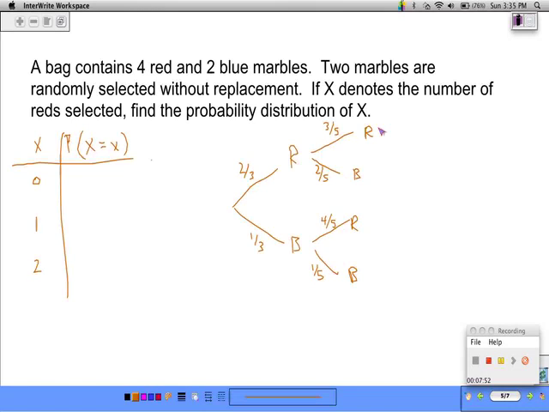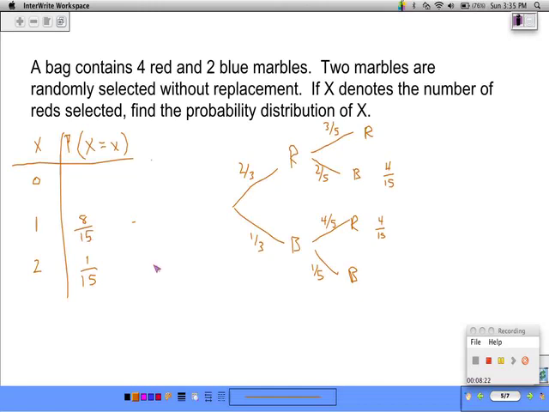So the associated probabilities: getting 0 reds, that would be a blue and a blue, is 1 out of 15. Getting 1 red, that would be a blue red or a red blue. We have 4/15 here and 4/15 here for a total of 8/15.